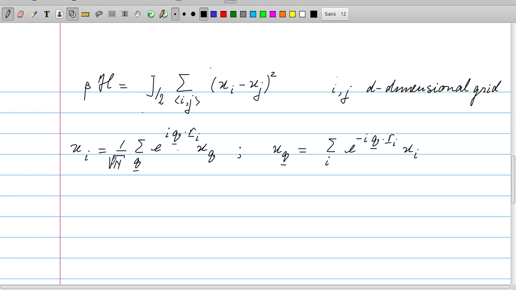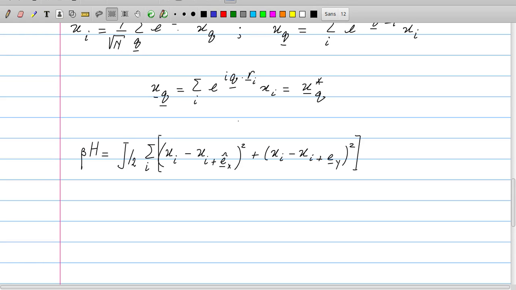So xi can be written as a sum over q of the xq's with the well-known Fourier factor, and this is the inverse transformation. And because x is a real parameter, if we take the Fourier transform of x at -q, we see that we get an e to the power plus iq ri, and that's precisely the complex conjugate of xq. So x minus q is x complex conjugate of xq, and that is typical for a real field.